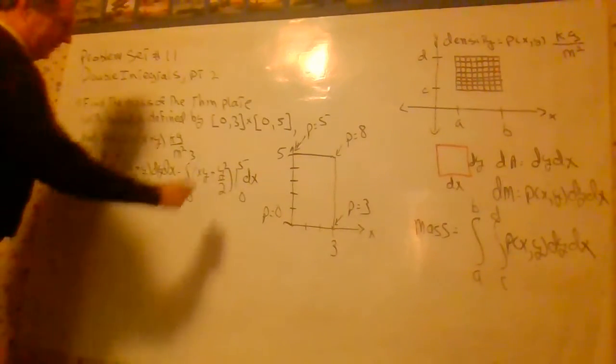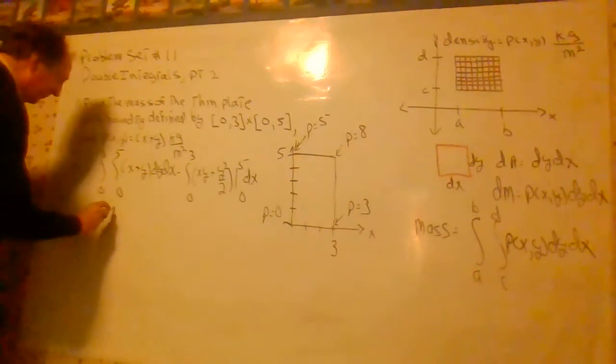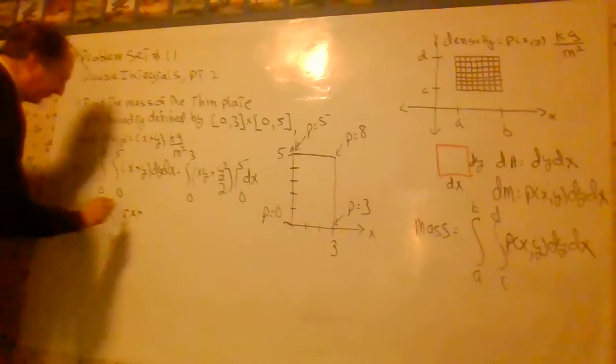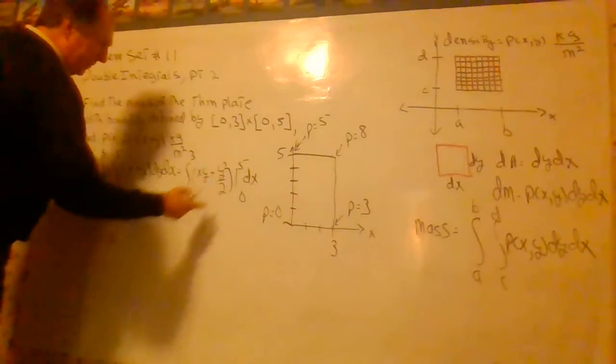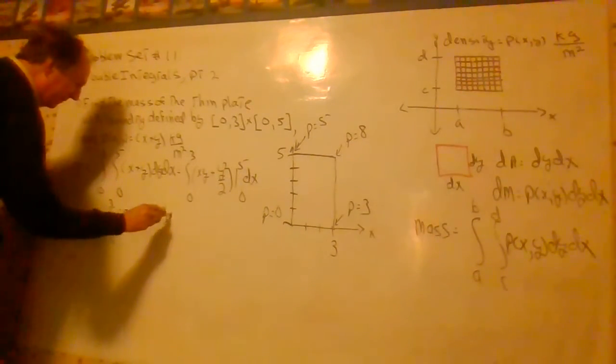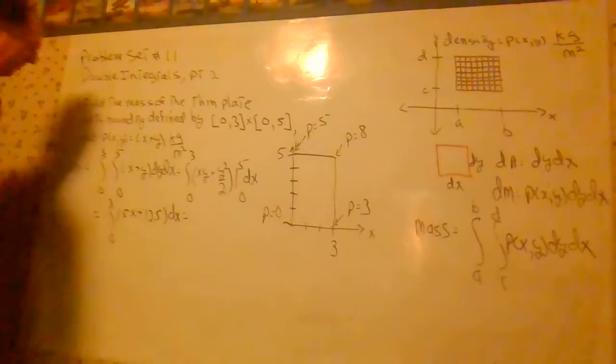And let's see, plug that in for y, it gives you integral 0 to 3 of 5x plus y squared over 2, which is 25 halves, I'll call that 12.5, dx.